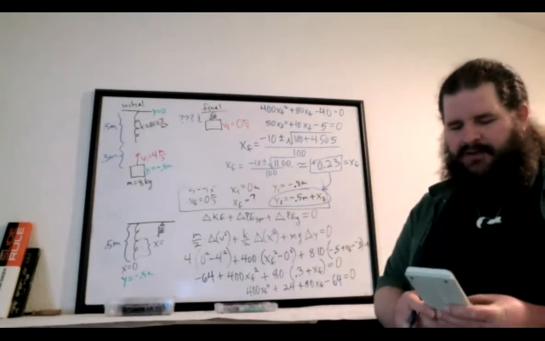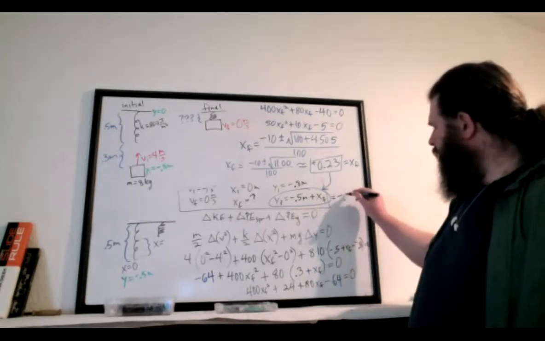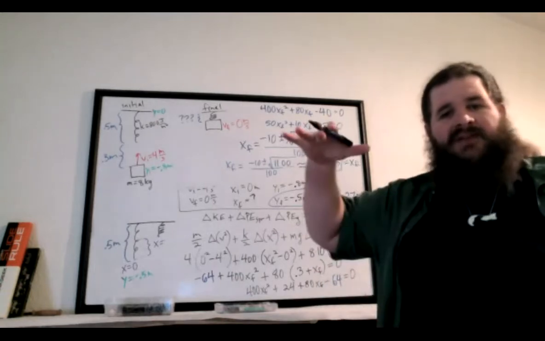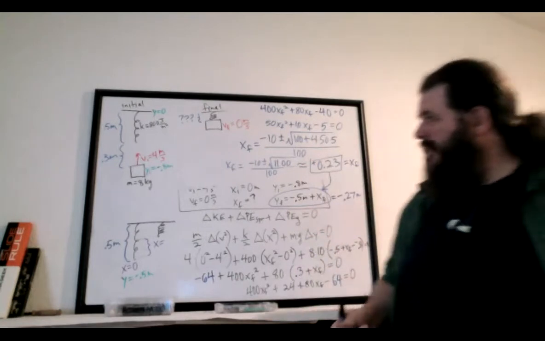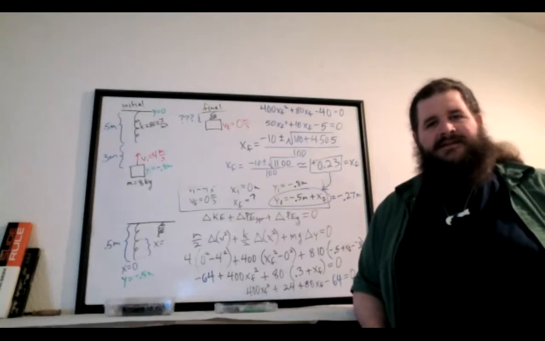So negative 0.5 plus 0.23 would be negative 0.27. And we were defining y in the first place as how far below the ceiling. So that means that the mass ends up 0.27 meters below the ceiling. Any questions on that?